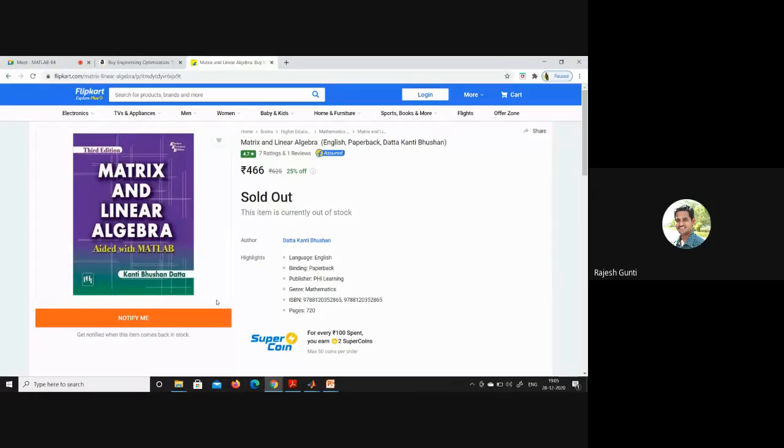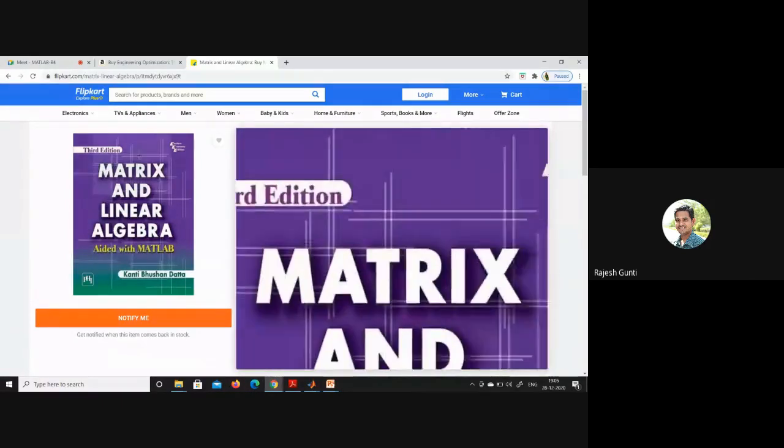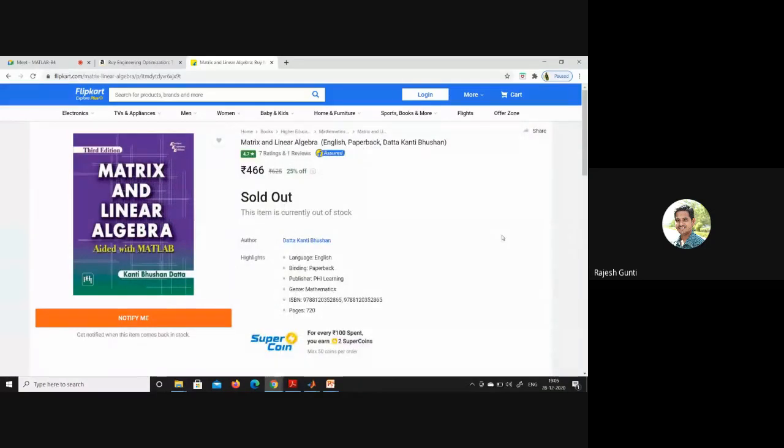So don't underestimate engineering people. They are equivalent to pure mathematicians. These are very standard books, but people are not keeping them as a reference or standard book for MSc students. Why? Because he came from an engineering background. That is the only reason. This is also very nice.